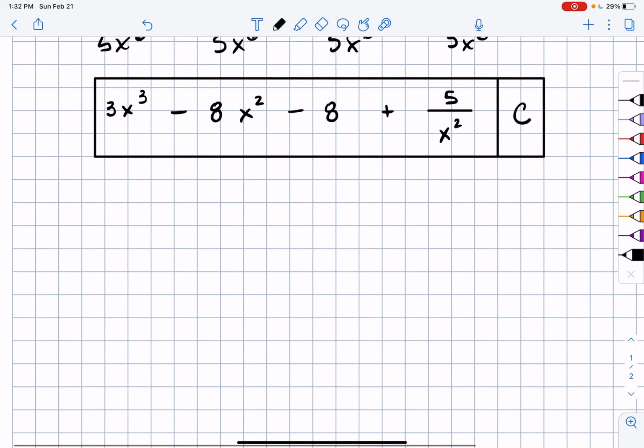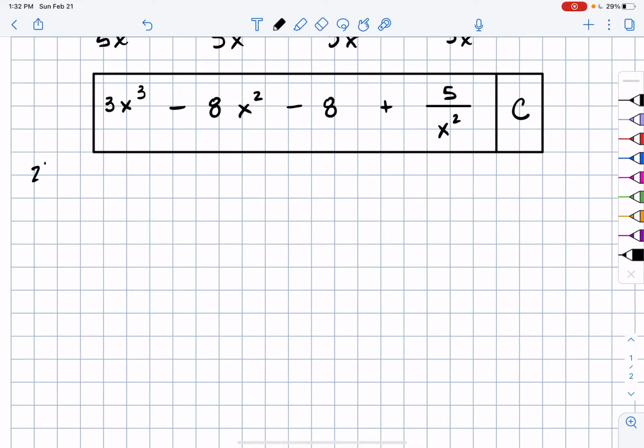All right, on to number 2. Okay, number 2. This is a little bit different. So this one says take 16x to the third plus 12x squared minus 24x plus 14 and divide that by 4x minus 1.